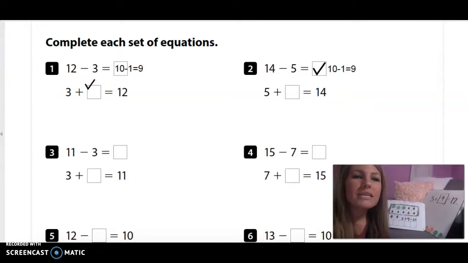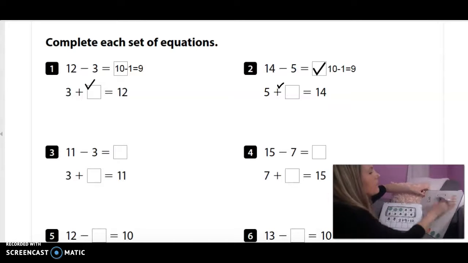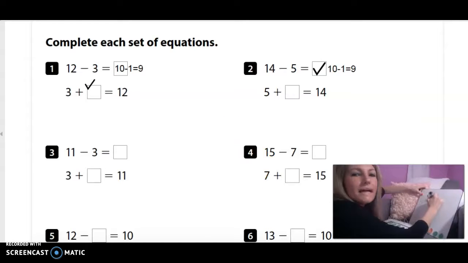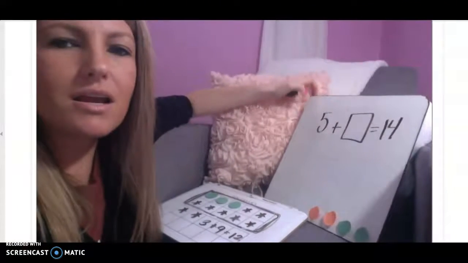Let's do one more together when it comes to the count up strategy. This one's a little easier. Number 2. Number 2 says 5 plus blank equals 14. All right, let's make it bigger.